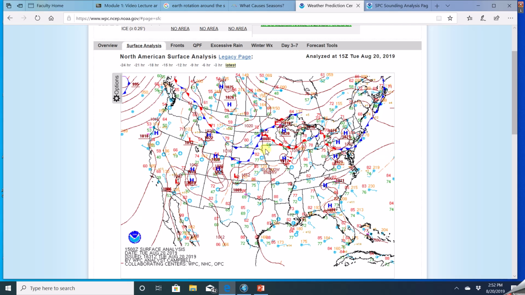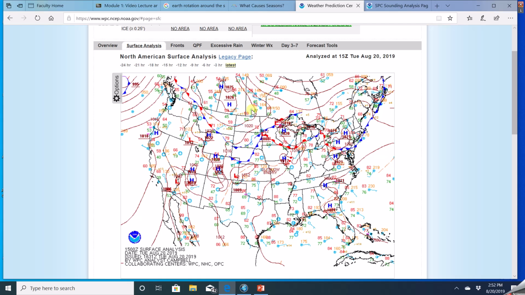Here's a station plot. So right here you have 82 degrees. This station, probably Omaha, Nebraska, my guess. So it's 82 there. What's it up here? 80 degrees up here in North Dakota. Look at this. It's 59 degrees up here in extreme northern North Dakota.